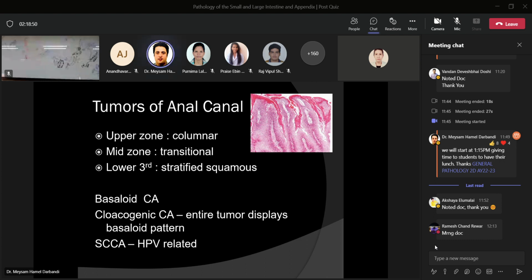That's our point, right? It will cause cervical cancer, but my question is, okay, actually there is no metaplasia. Here will be dysplasia.